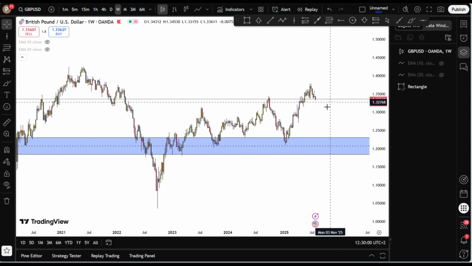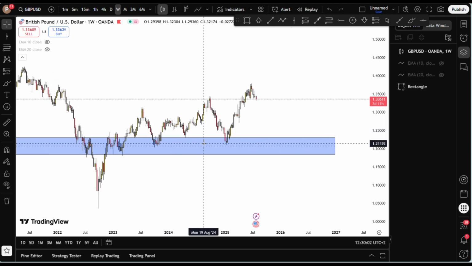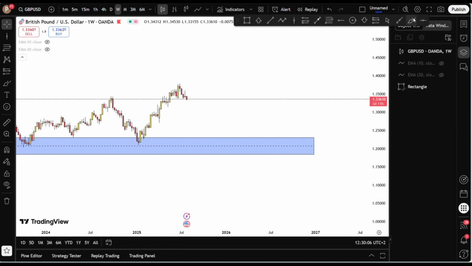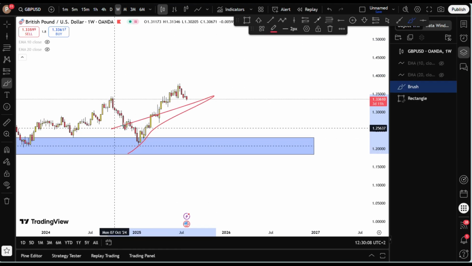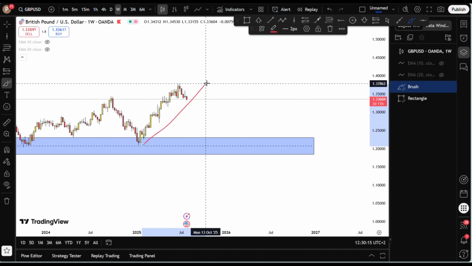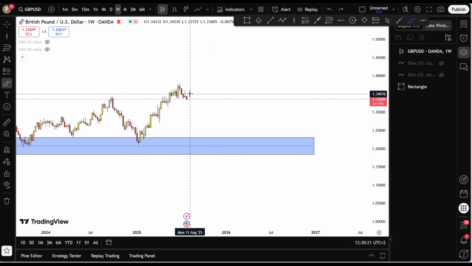Since we saw that it's rejecting off of a monthly support, this is what it looks like on the weekly. Yes, here, this rejection here. It's off of a monthly support, right?